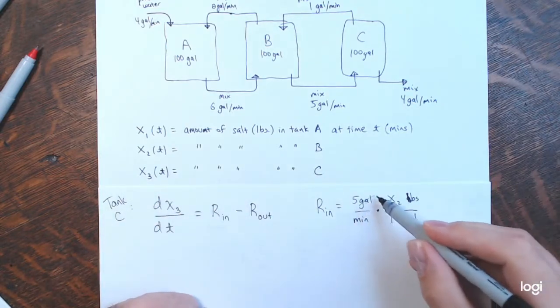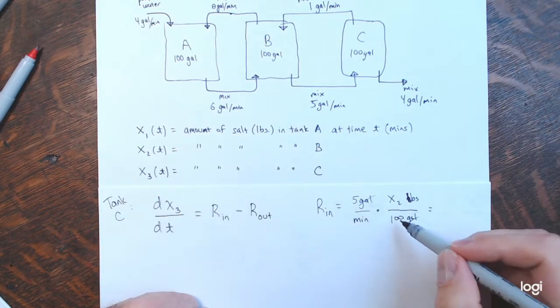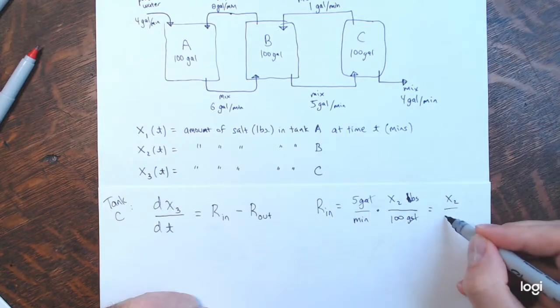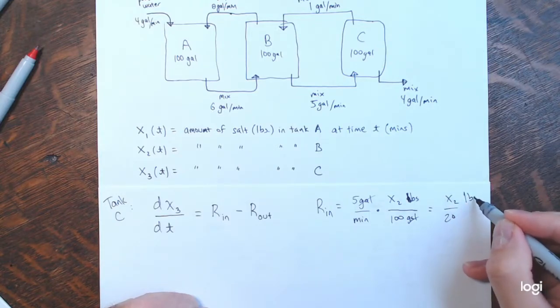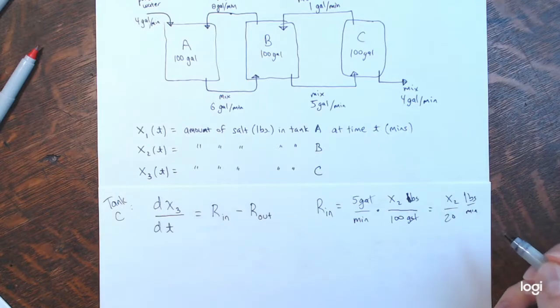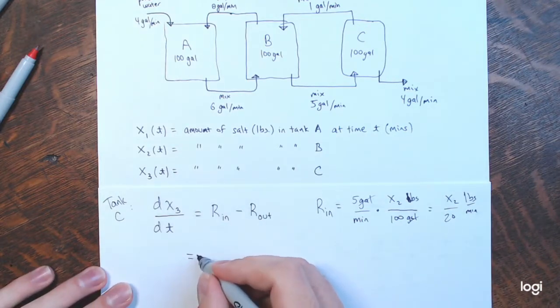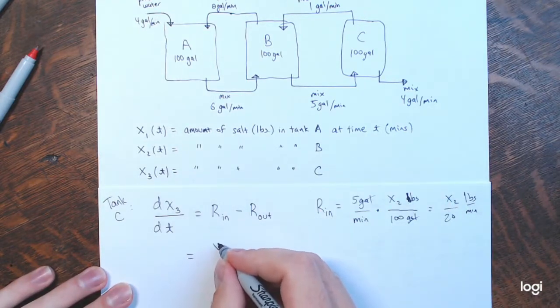The gallons cancel, and 5 over 100 is just x2 over 20 pounds per minute. That's the rate at which the salt is entering tank C. So x2 over 20.